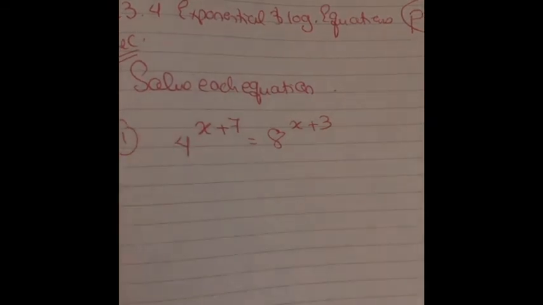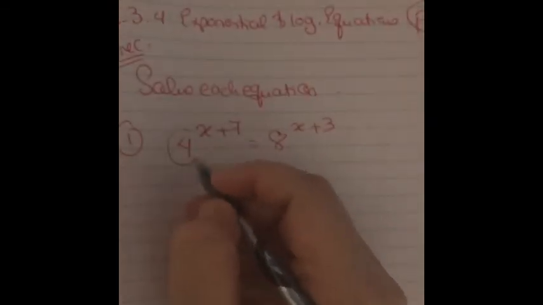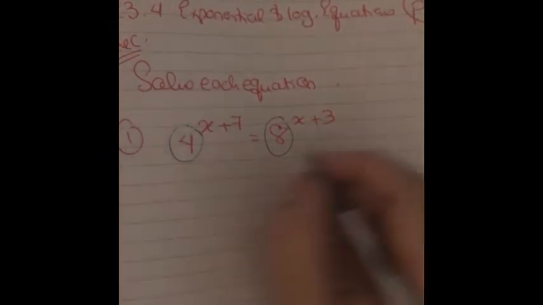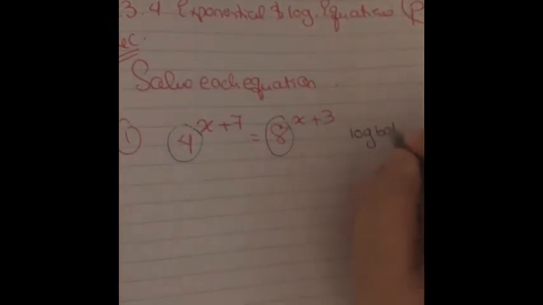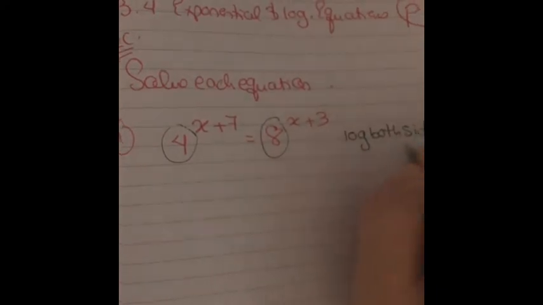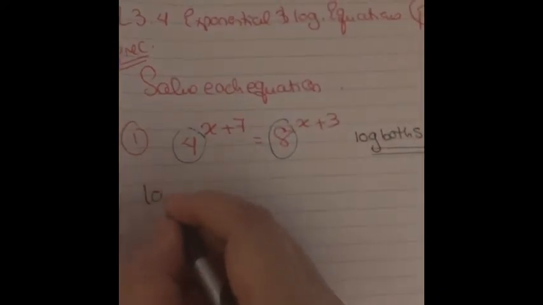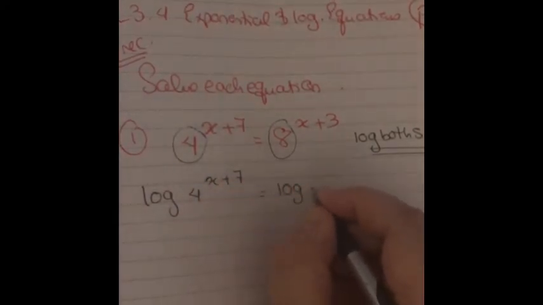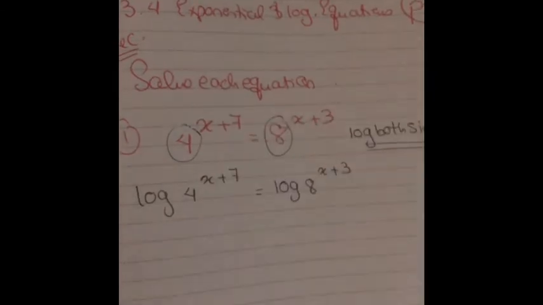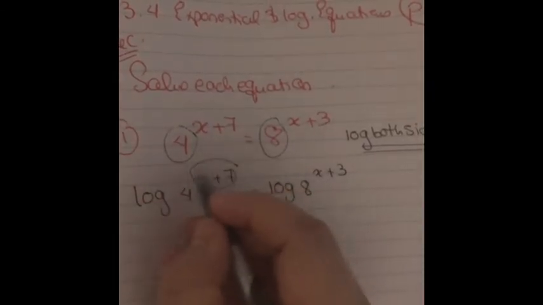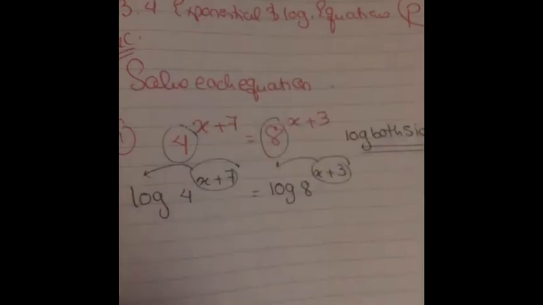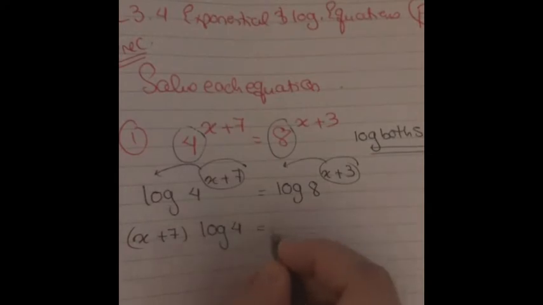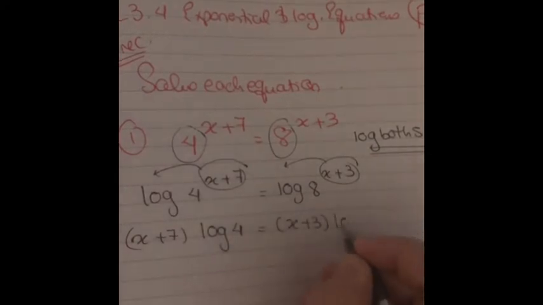So for this question, I cannot make the bases equal the way we did in the other videos, but I can go for log both sides because I don't have any logs at all. So if I say log 4^(x+7) is equal to log 8^(x+3), and then I would drop these. I could have done this in the same step. I would say (x+7) log 4 equals (x+3) log 8.